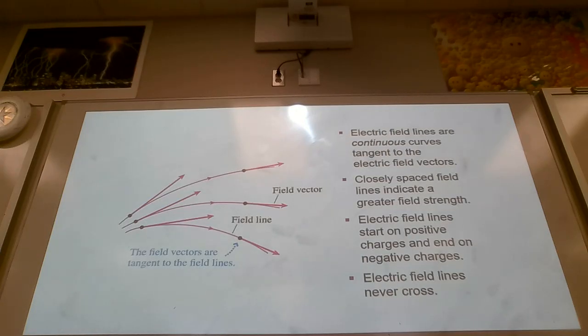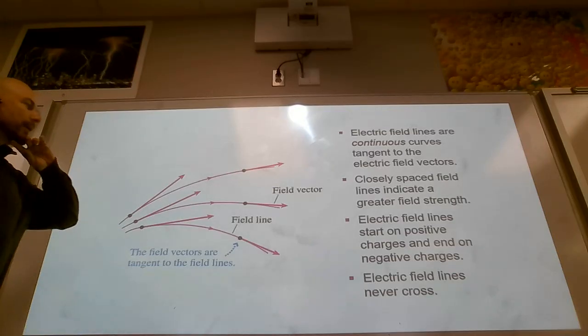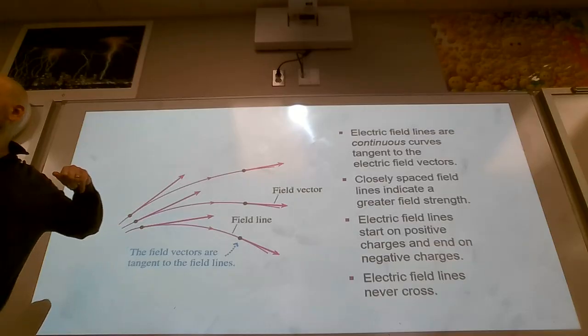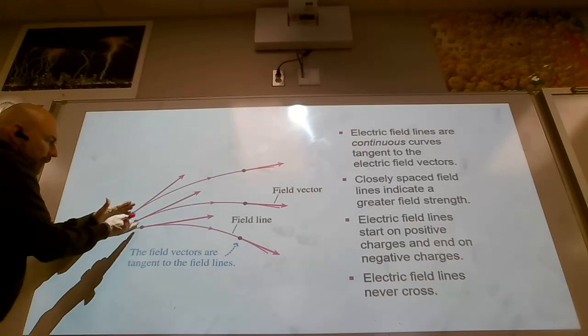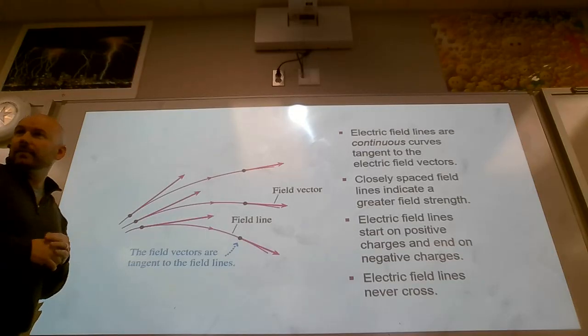Okay. So we have these electric field lines. I kind of just drew those out there. So the electric field is always going tangent to the electric field lines. The closer the electric field lines are together, the stronger the electric field.